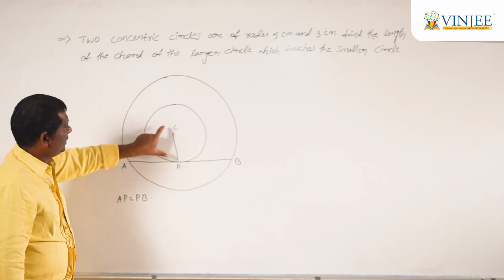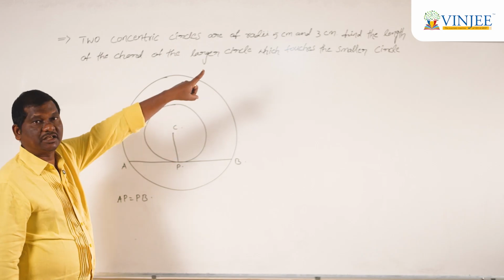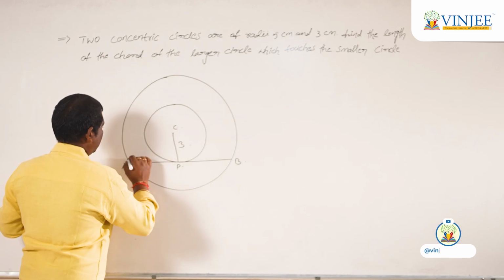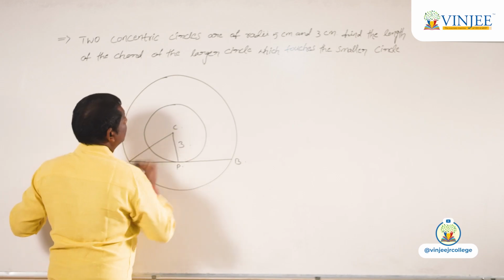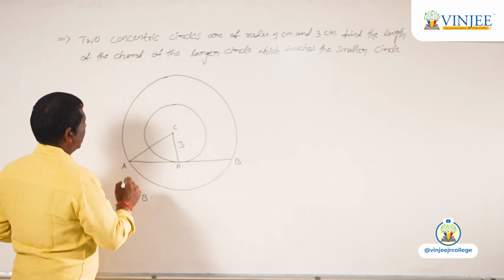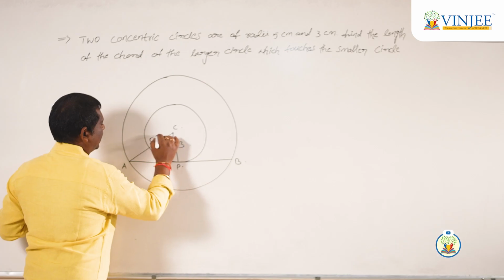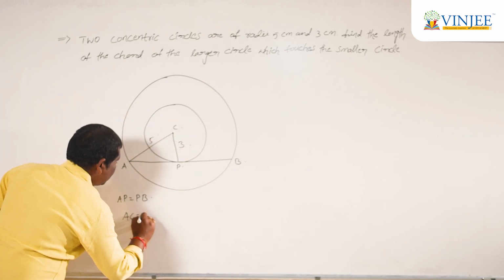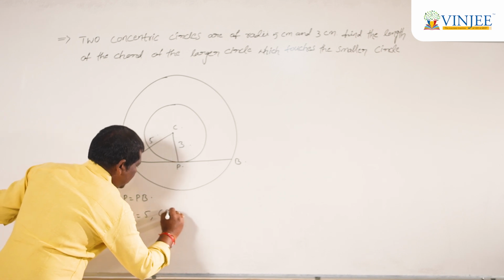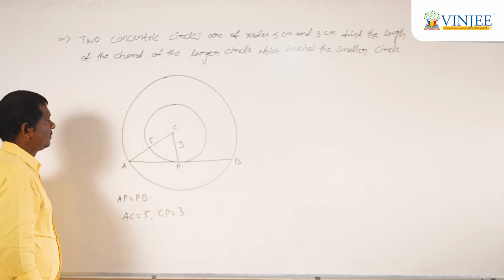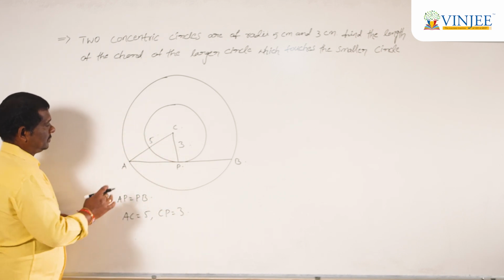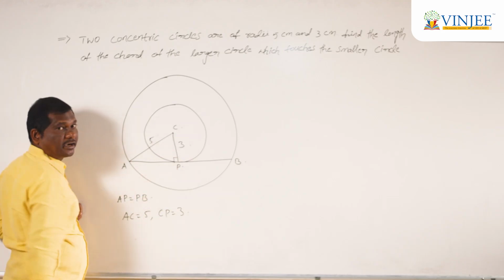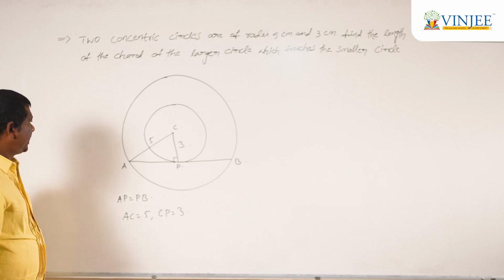Now here, CP will be the radius of the smaller circle. This will be 3. Now AC will be the radius of the bigger circle, that will be 5. That means AC should be equal to 5 and CP should be equal to 3. Now triangle APC will be a right angle triangle.